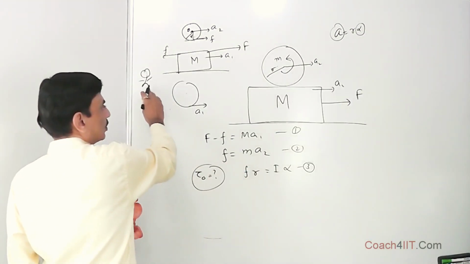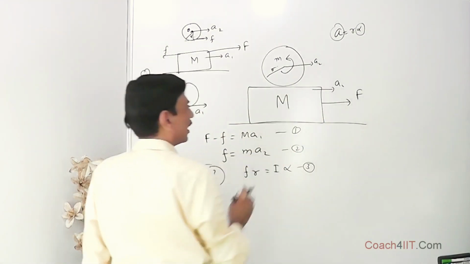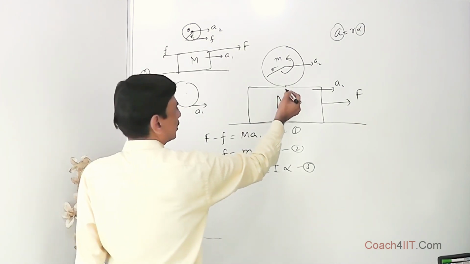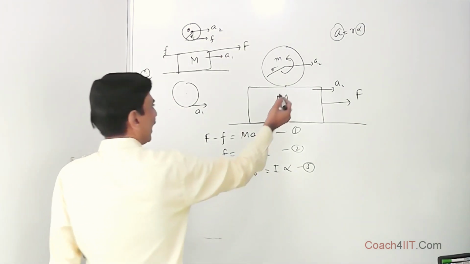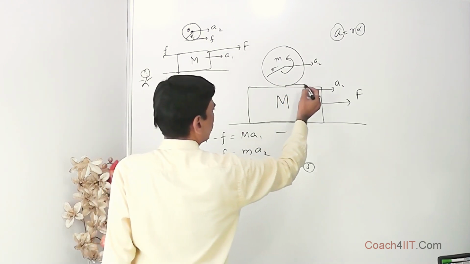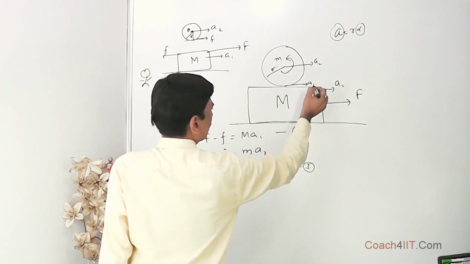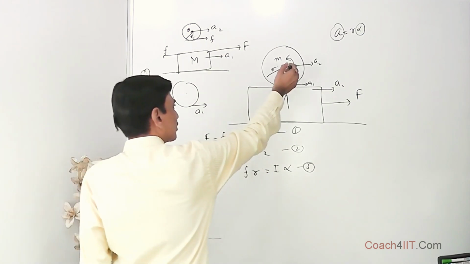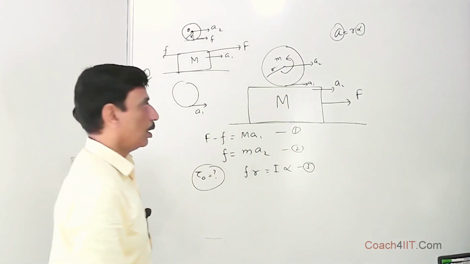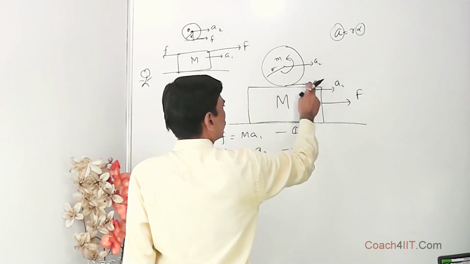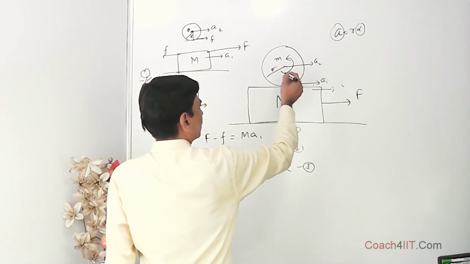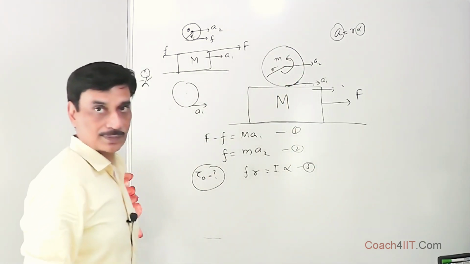Now this person on the ground sees that this block is going with the acceleration A1, and this is not slipping with respect to this. So it means the absolute acceleration of this point is also A1, and the absolute acceleration of this is A2, and A1 is bigger than A2. So A1 acceleration is more than A2 acceleration, that's why it moves in this direction.